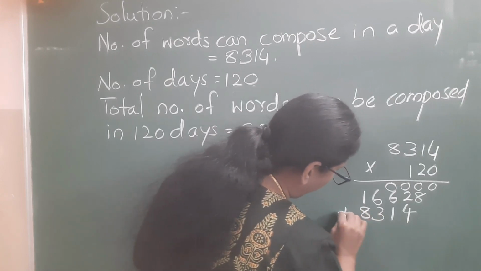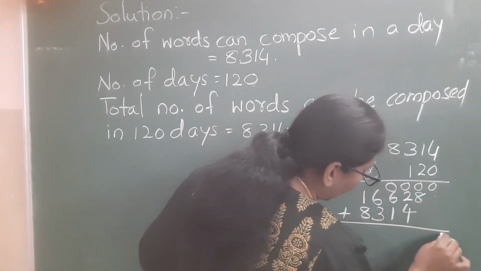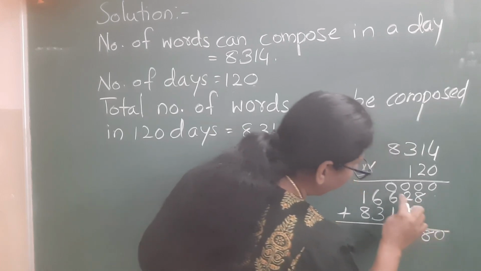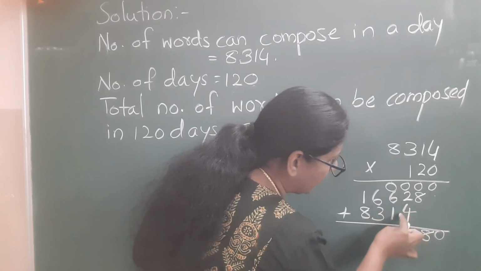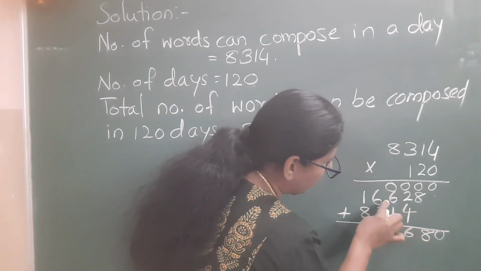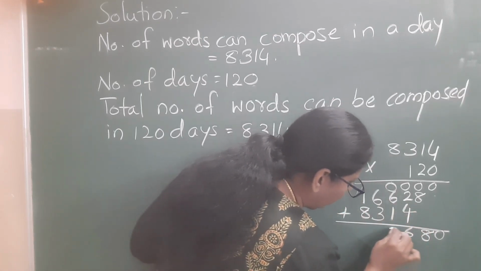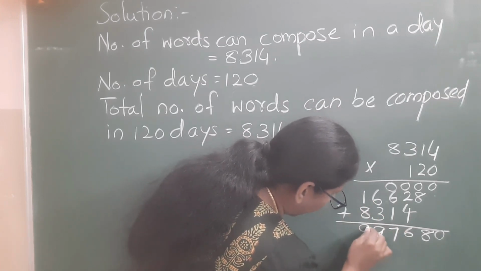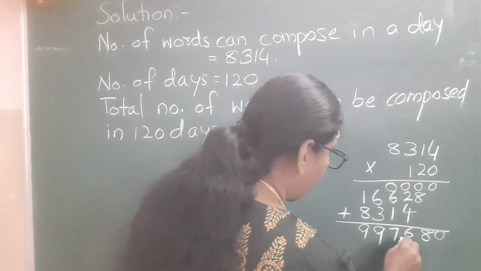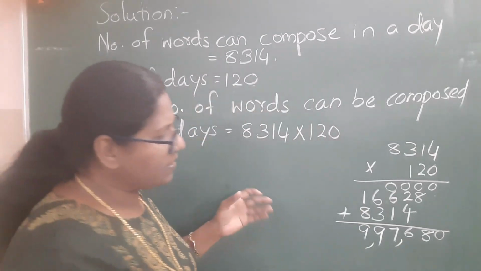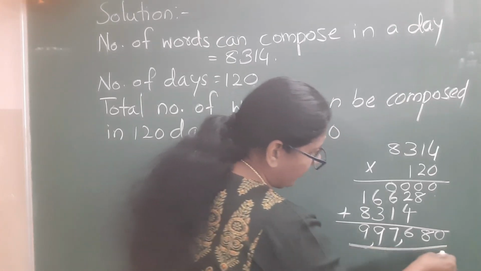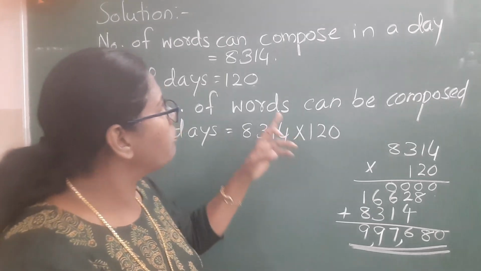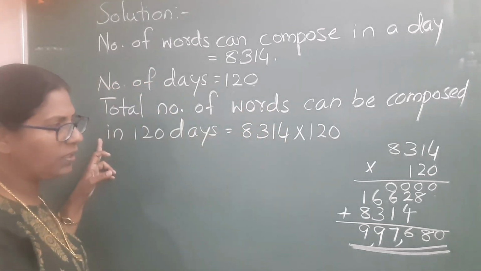Now let's do the addition. 0, 0 plus 8 is 8, 0 plus 2 is 2, plus 4 is 6, 0 plus 6 is 6, plus 1 is 7, 6 plus 3 is 9, 1 plus 8 is 9. Now we got the answer, 9,97,680 words he can compose in 120 days.